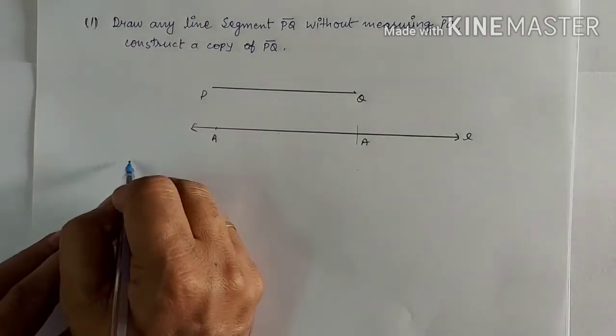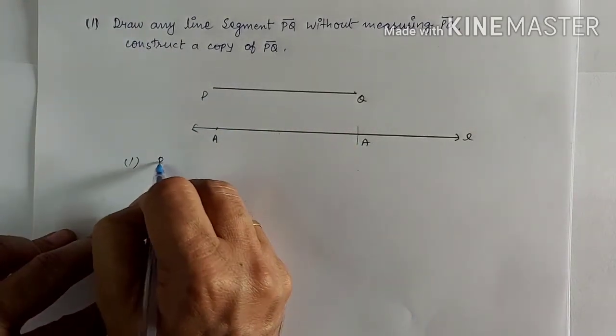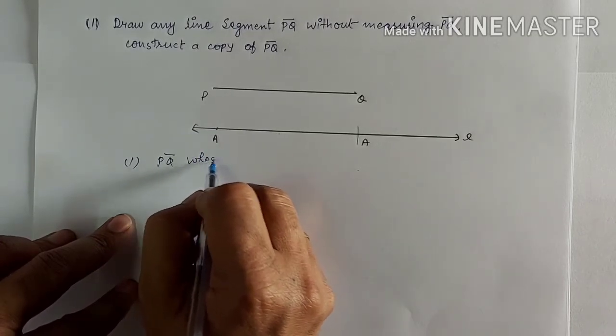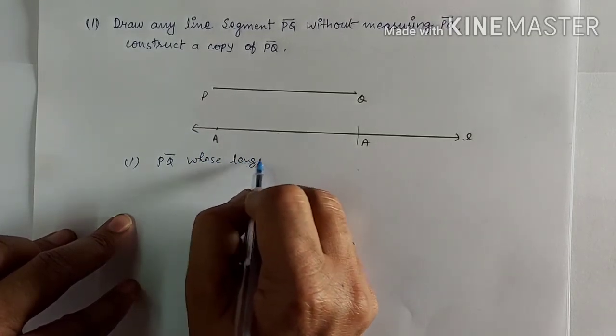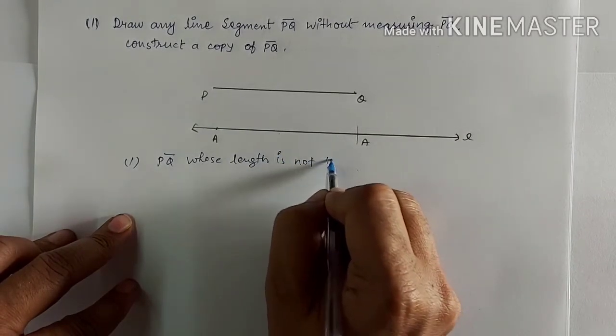Step one: given is PQ whose length is not known. Okay.